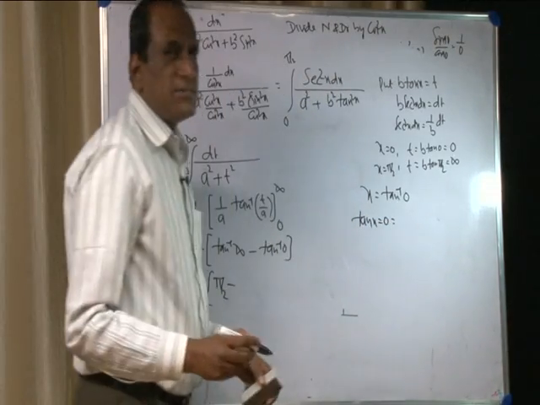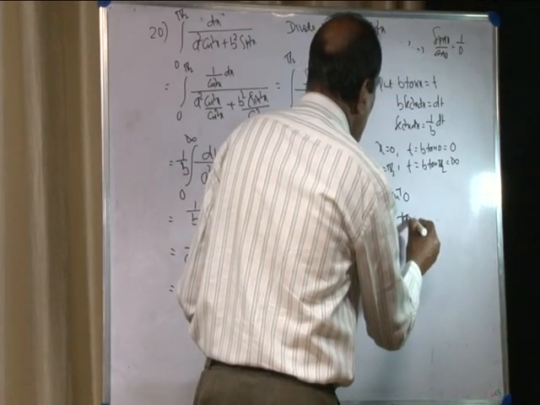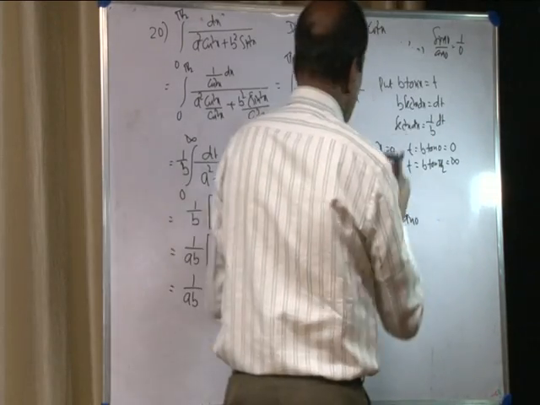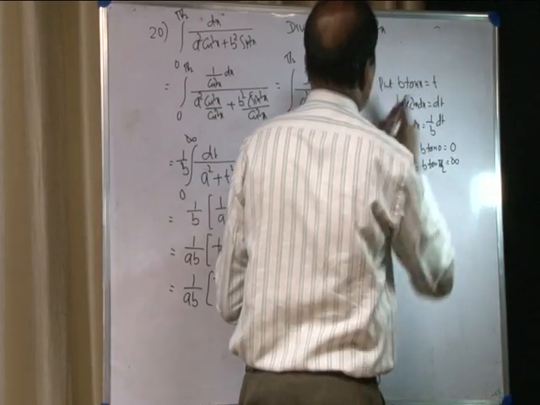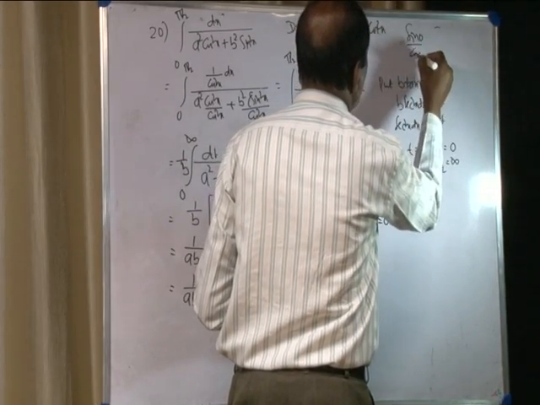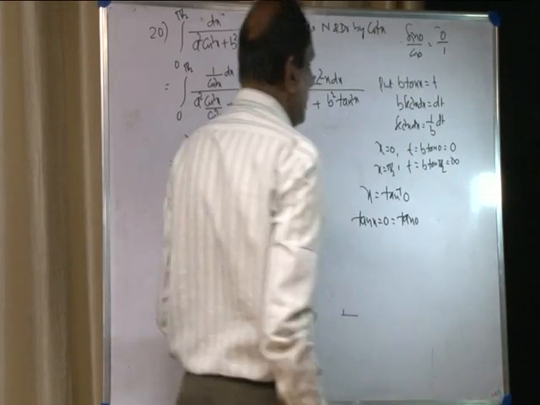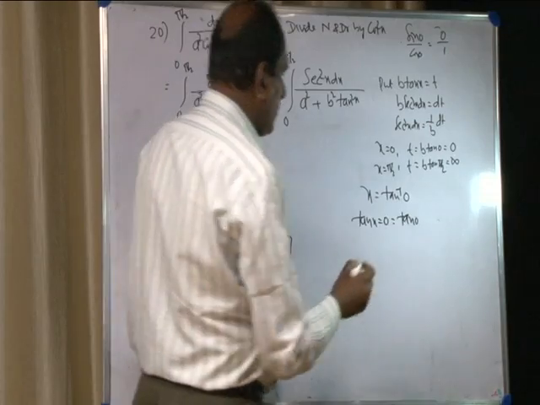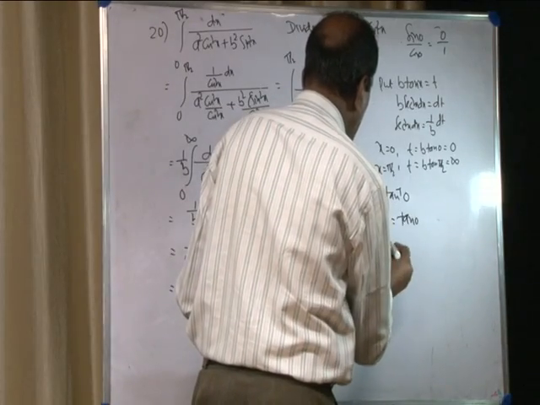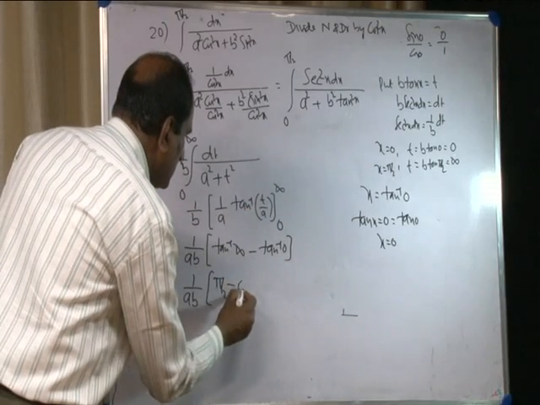Which angle corresponds to 0 in the tan function? That is tan 0. How to calculate tan 0? Tan 0 is sin 0 by cos 0, sin 0 is 0, cos 0 is 1, that is 0 by 1 is 0. Therefore, x is equal to 0. Now, tan inverse 0 is 0.